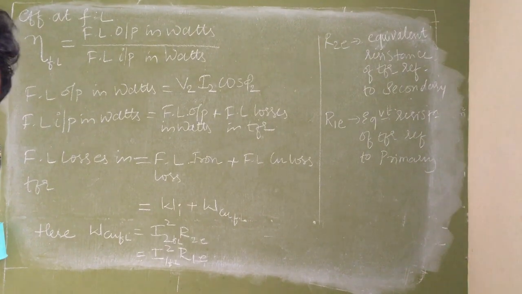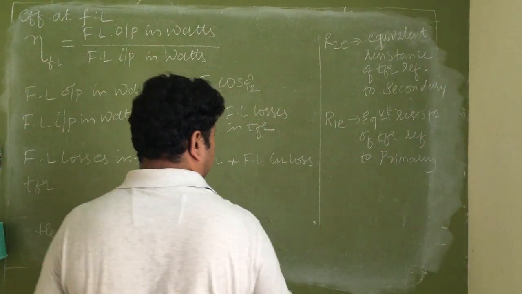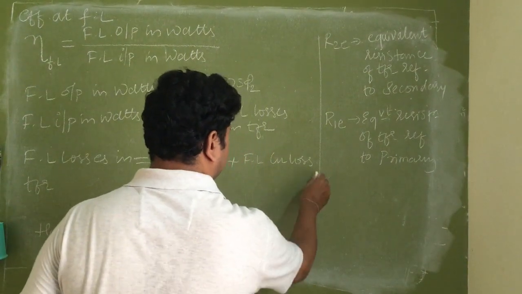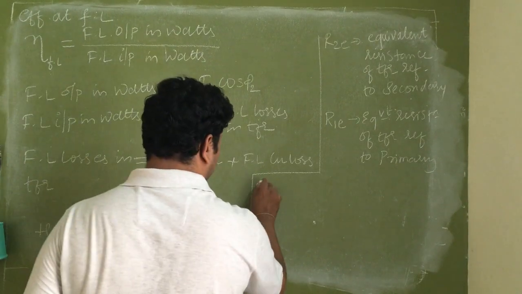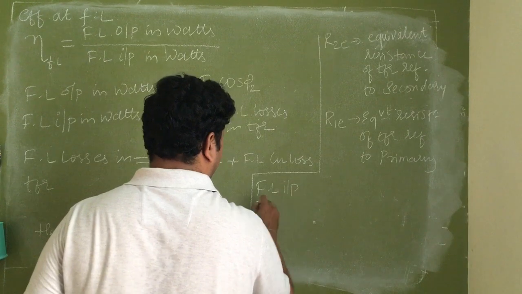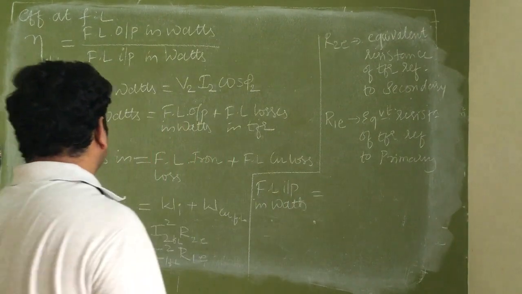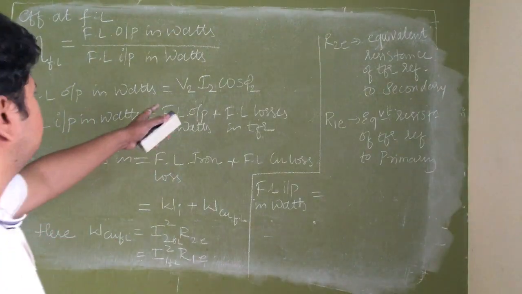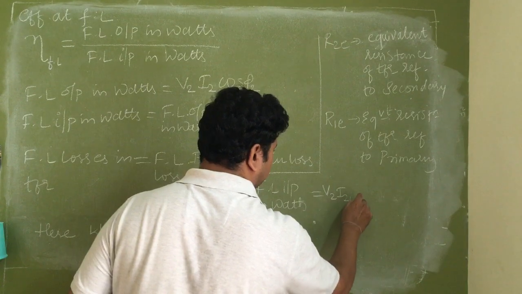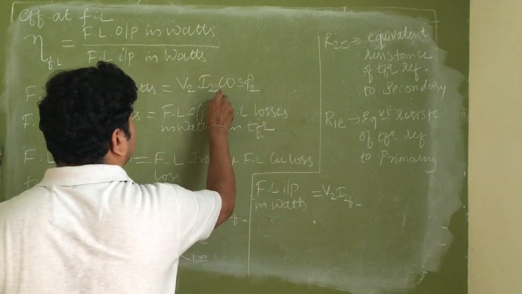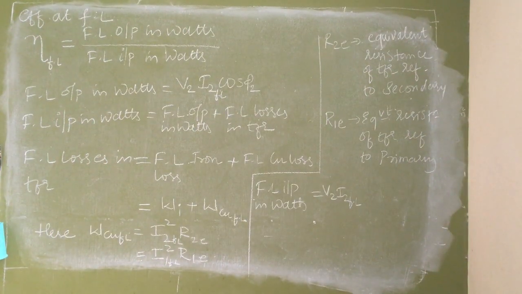Now therefore, I can write full load input in watts is equal to full load output in watts, which is V2 I2 cos phi 2. You write it as V2 I2 full load cos phi 2.